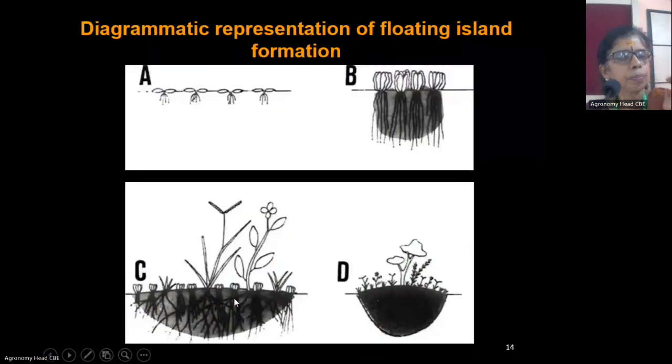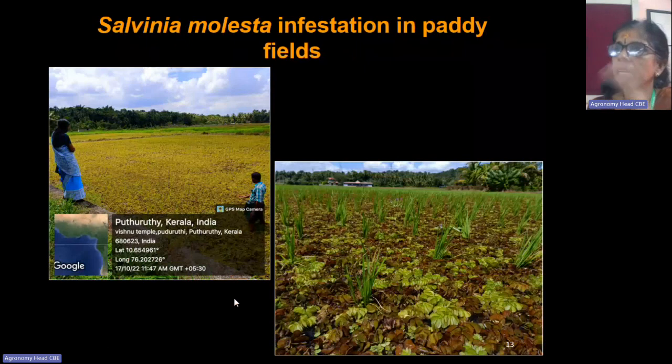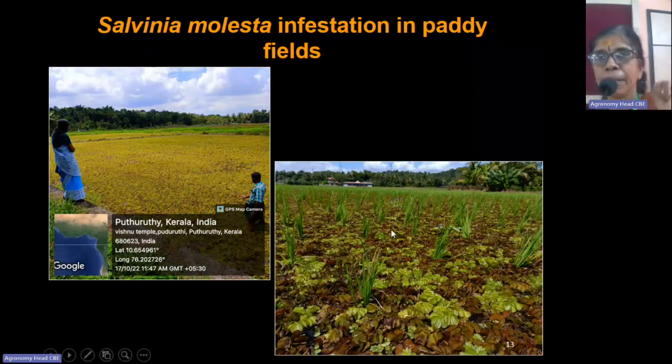I will explain that some of the recent combination herbicides are very effective, but the thing is that this fern has a very peculiar water repellent mechanism. In the microscopic view of the fern leaves, on the upper surface of the leaf, you can see the egg beater shaped bristles or papillae.